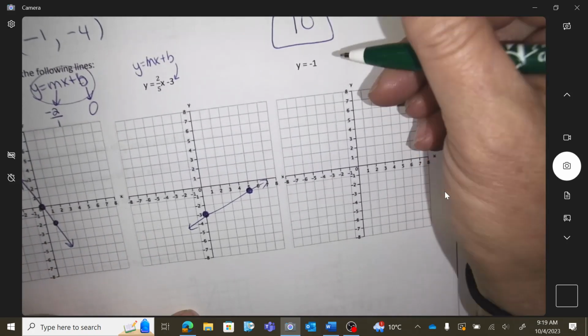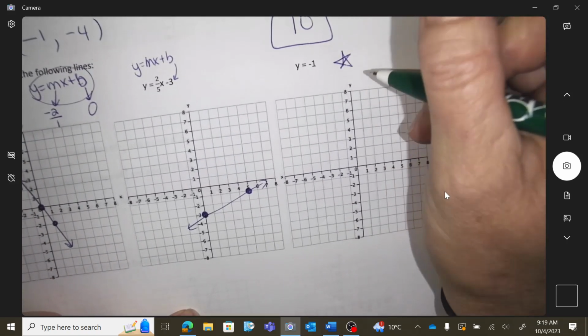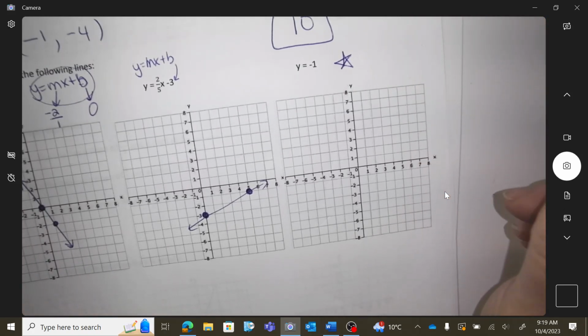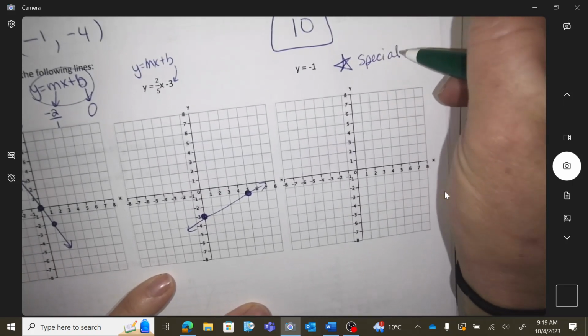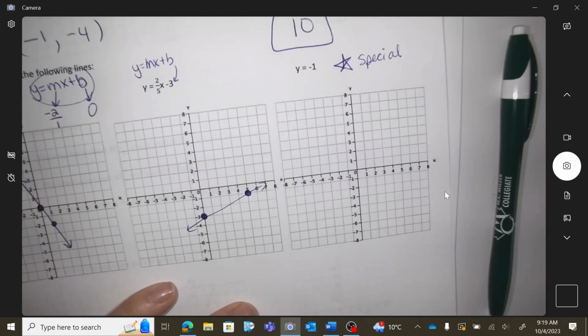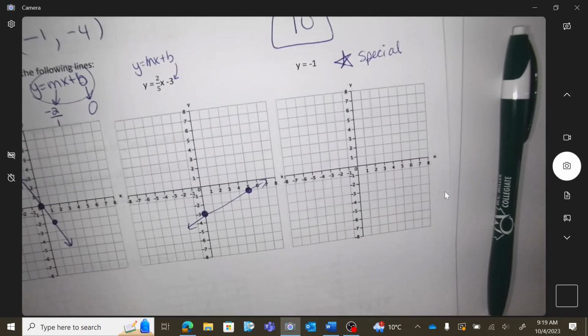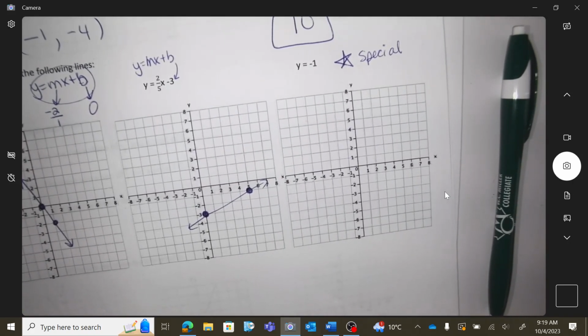Okay, the next one. You should have a red flag flashing. This is something what? It's special. It's just a special line. That's what you should think, because there's not 2 variables in it. So it's special. So what do I know about special? I have 2 options. Should I make it horizontal or vertical? Those are the 2 options.